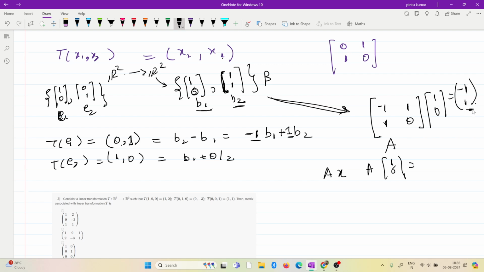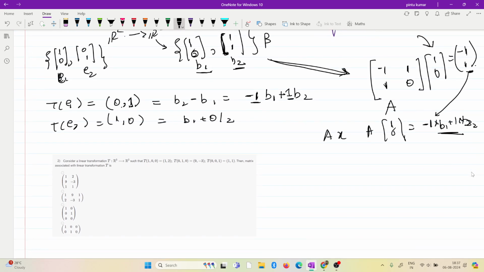But this is not the answer that we should have expected. To reach the final answer, you again do minus 1 times B1 plus 1 times B2. So if you have obtained a basis in this way, then after you obtain the output, you again need to change it to the standard basis. Okay, I hope this was clear.